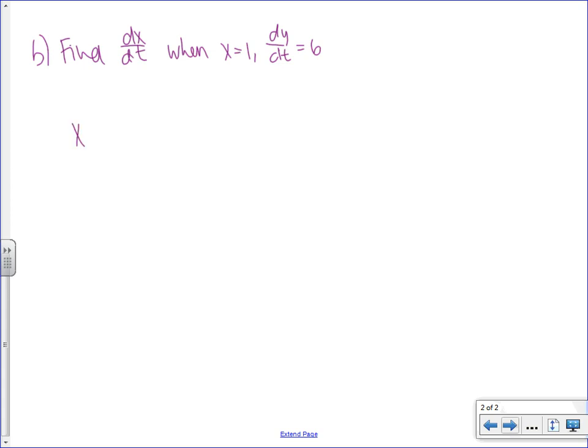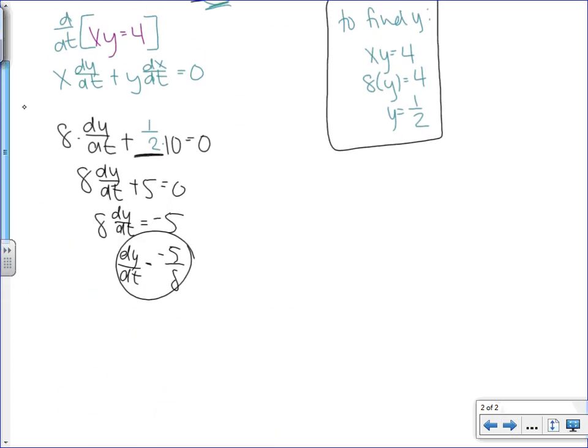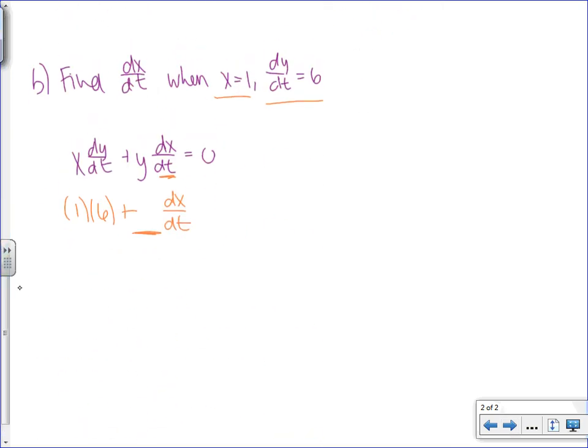So I'm still working with x dy/dt plus y dx/dt equals 0. And now I'm plugging in that x is 1 and dy/dt is 6. So I've got 1 and I've got 6. I want dx/dt, but I don't have anything for y. Just like before, I didn't have anything here, but I'm going to do the same thing to figure it out.